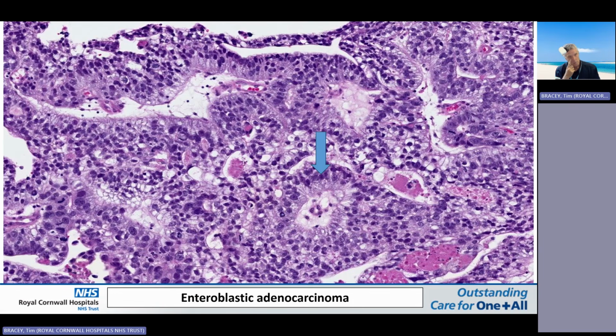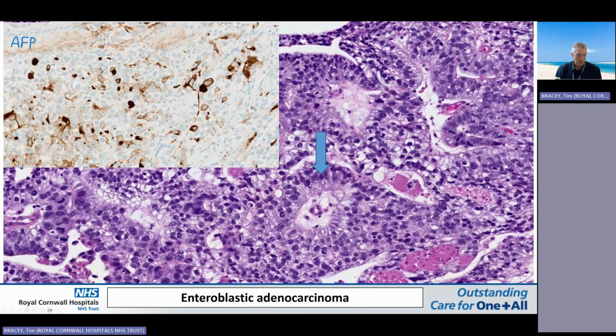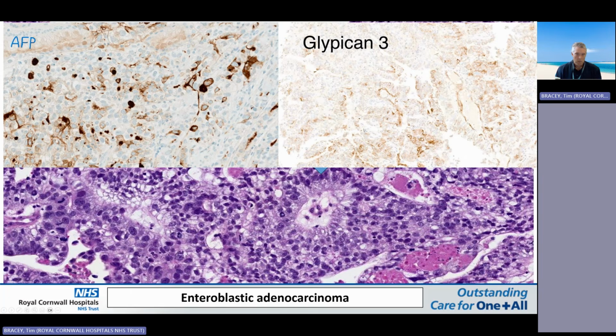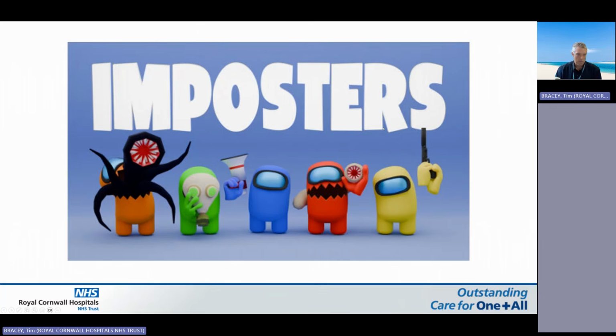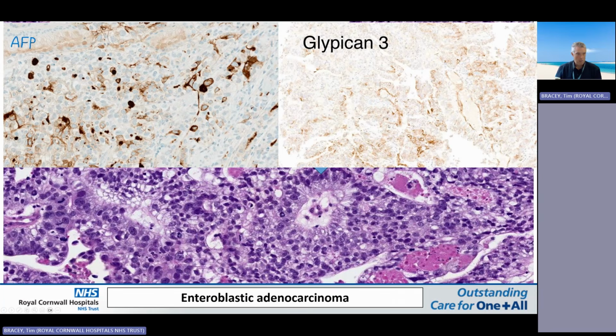I saw Fatima talk about this entity, and then literally the next week I picked up a biopsy and I was like, oh, it's enteroblastic adenocarcinoma. I'm pretty confident on the H&E, but I did the extra testing. The AFP was positive, the glypican-3 was positive, and that made the diagnosis.